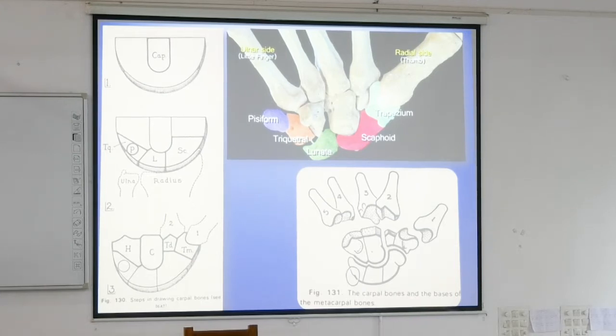Now, steps in drawing carpal bones. You can see this, you just draw like this. Simple drawing. This is the radius. This is the ulna. Now, scaphoid, lunate, triquetral and the pisiform. Similarly, distal row.